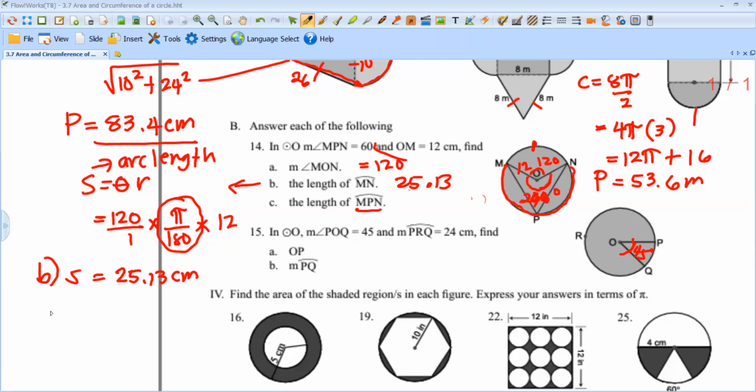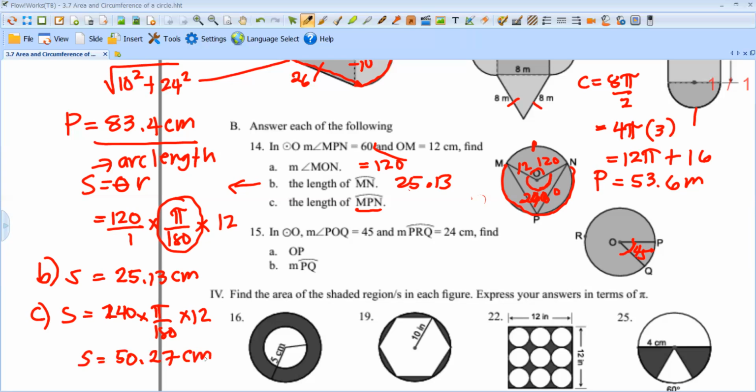So C, the S or the arc length is equal to 240 times pi over 180 times 12. So 240 divided by 180 times pi times 12. So the answer is 16 pi or 50.27.